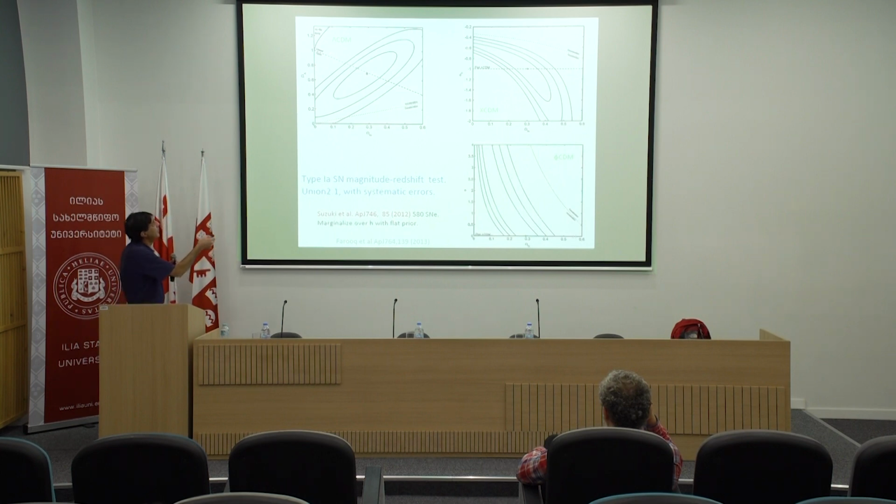But as you start moving away from any of these lines, you have different models. So over here, in this direction, you have non-flat geometry. In this direction, you have dynamical dark energy. In this direction, you have dynamical dark energy also.